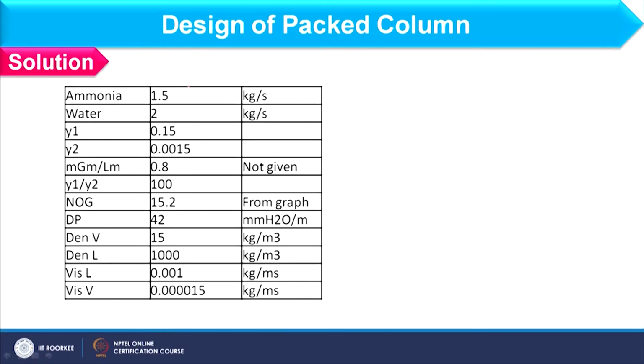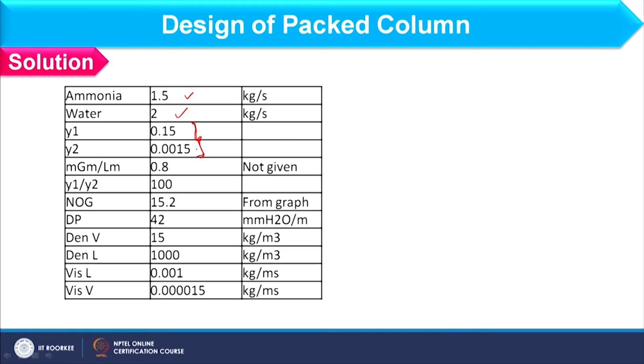So, you see the flow rate of gas stream, that is ammonia and air, is given as 1.5, water flow rate 2, and here we have Y1 and Y2 values and mGm by Lm. So, I can simply find out Y1 divided by Y2.